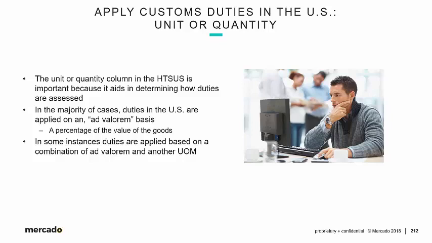It could also be applied as 3% ad valorem on a product plus 10 cents per piece. It is very, very often a percentage, ad valorem as it's called. It doesn't have to be. To summarize, last bullet, in some instances, duties are applied based on a combination of ad valorem and another unit of measure. 3% ad valorem, as we just said, with 10 cents per piece, whatever the product happens to be.